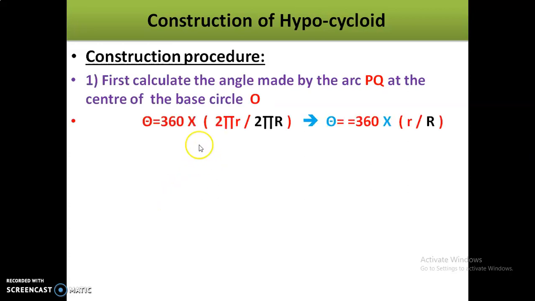Already we have a formula: 360 degrees into circumference of the rolling circle divided by circumference of the base circle. So here 2 pi gets cancelled. Therefore theta is equal to 360 degrees into small r divided by capital R. Small r is 20, capital R is 100. So if we calculate this value, we get 72 degrees.